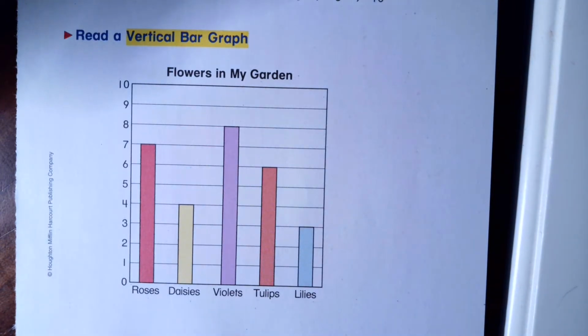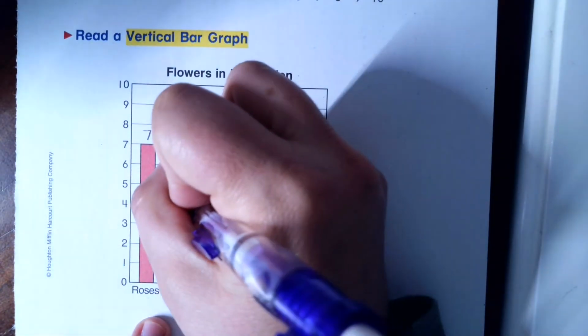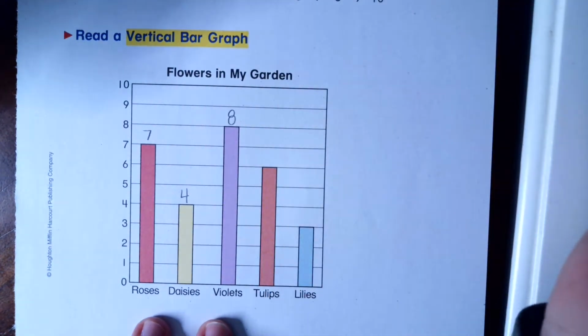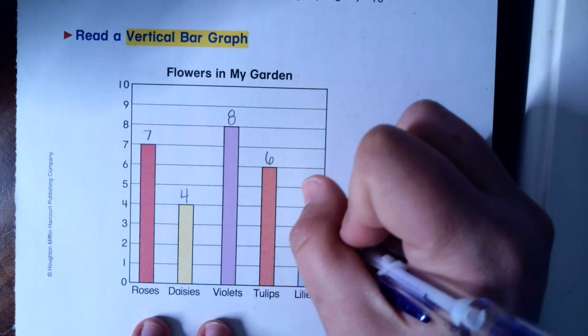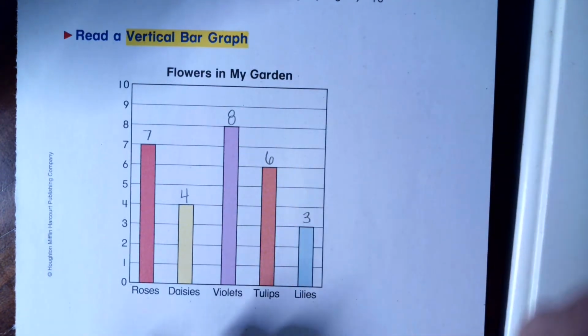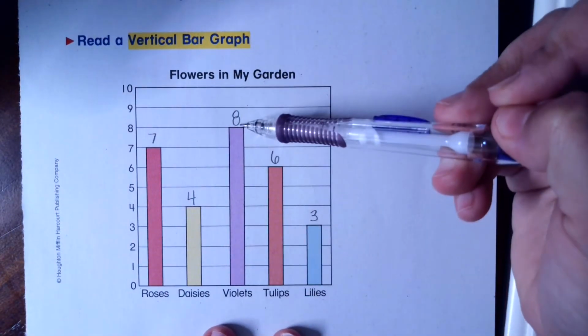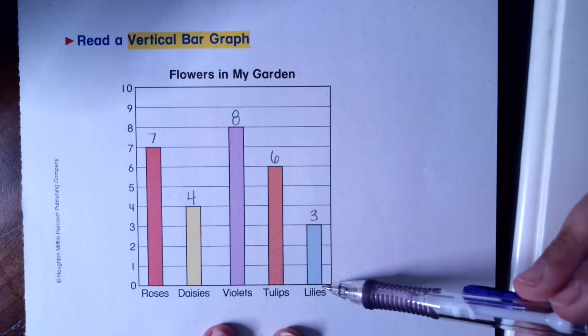So just by looking at this graph, I know there are 7 roses, 4 daisies, 8 violets, 6 tulips, and 3 lilies. And again, I can say a lot of things I know about the flowers in my garden. I know I have the most violets. I know I have the fewest lilies.